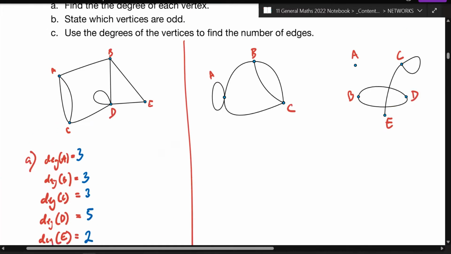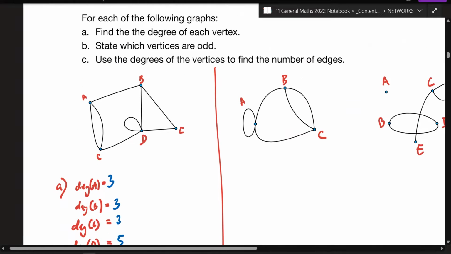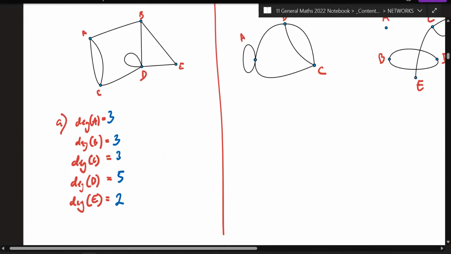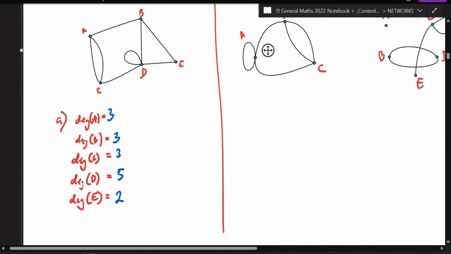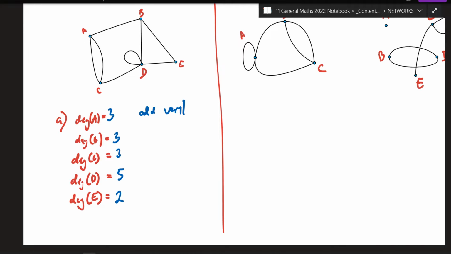And then state which vertices are odd. Just the odd ones. So the odd vertices would be A, B, C, and D. E is the only even one there.